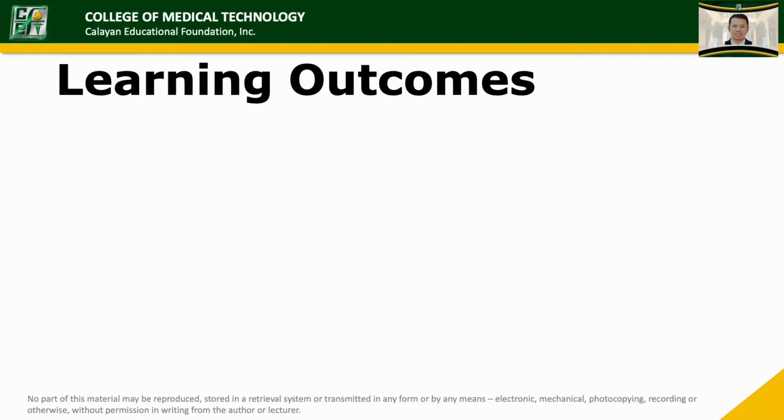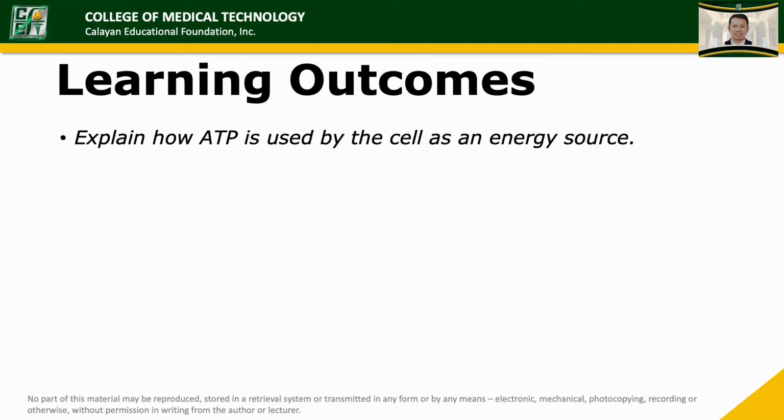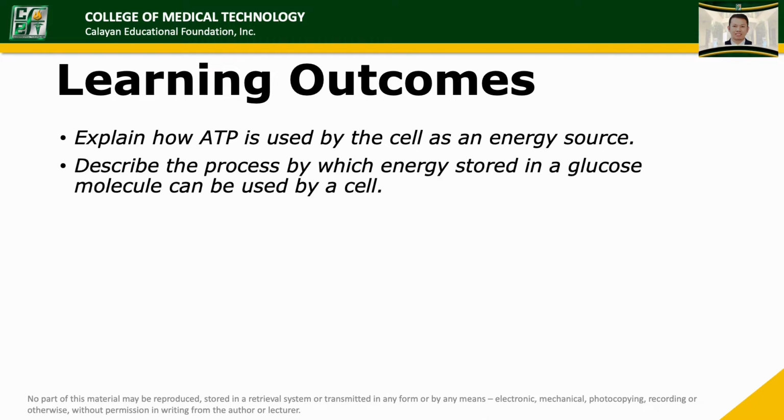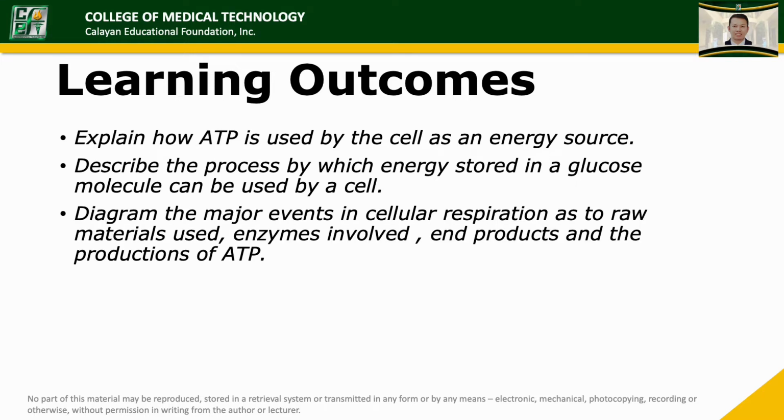For our learning outcomes, we have the following. First, explain how ATP is used by the cell as an energy source. Second, describe the process by which energy stored in a glucose molecule can be used by a cell. Third, diagram the major events in cellular respiration as to raw materials used, enzymes involved, end products, and the production of ATP.